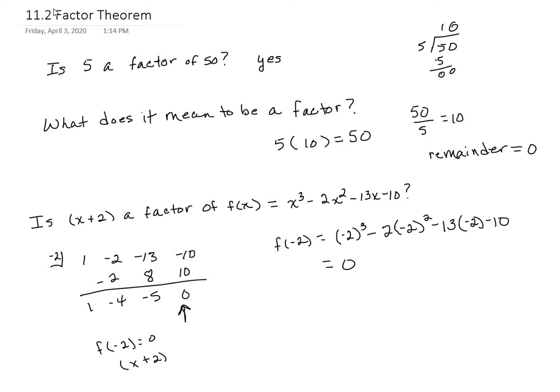Now, I could put this into the calculator just like it's shown here on the screen. Another way to figure out if this function value is 0 is to put this function in the calculator in the y equals and look at my table of values, and I see that when x is -2, y is 0. And a third way to use my calculator to help figure out if this value is 0 is to graph it and look to see if my function crosses the x-axis at -2.